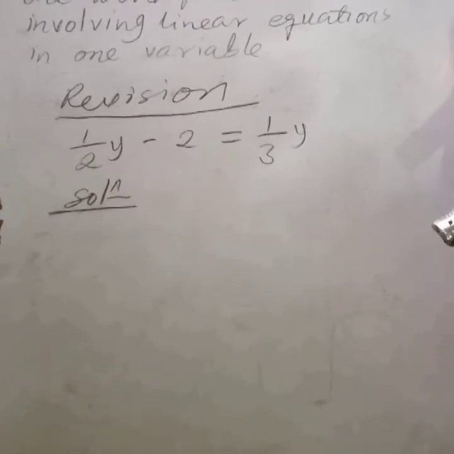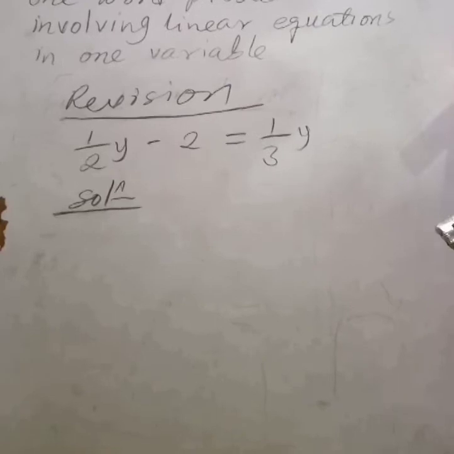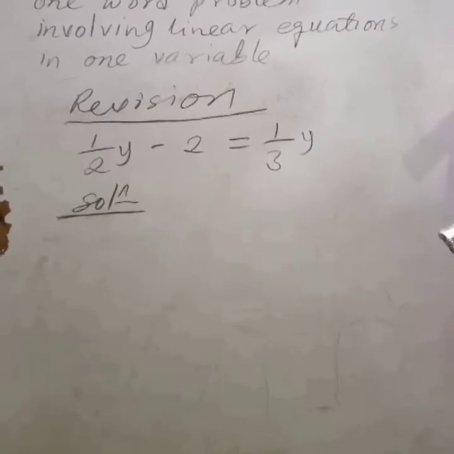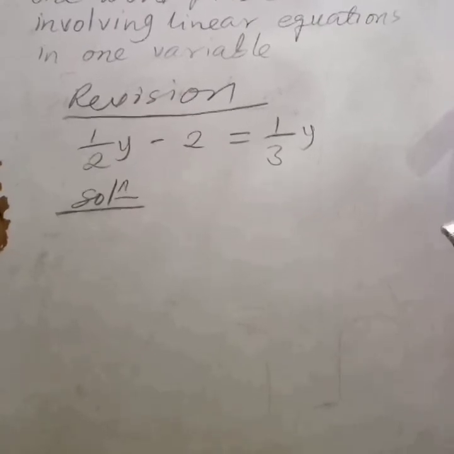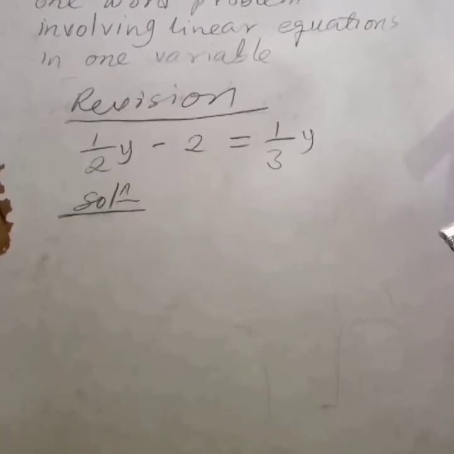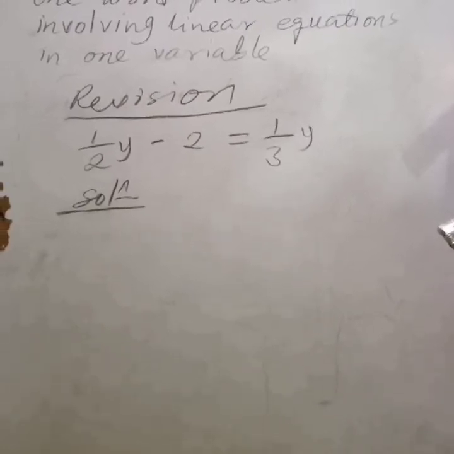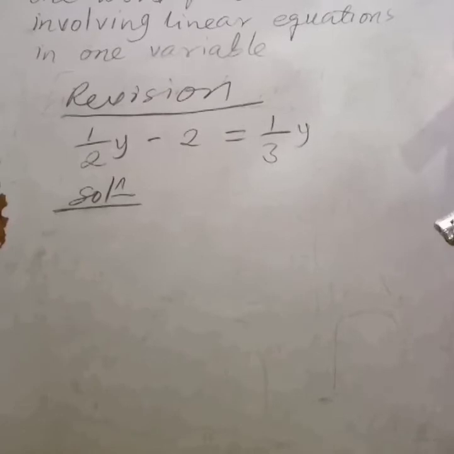And some people have the fear when they see that the equation is in fractional form. Hence, I am going to take you through an equation in the fractional form as our revision question.